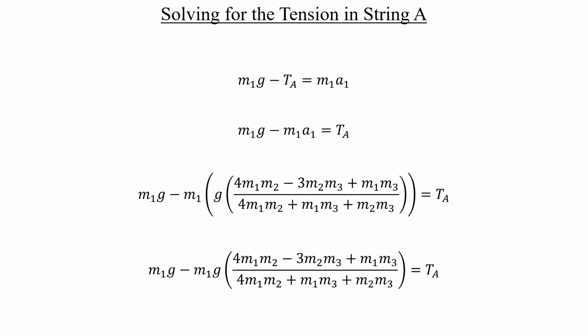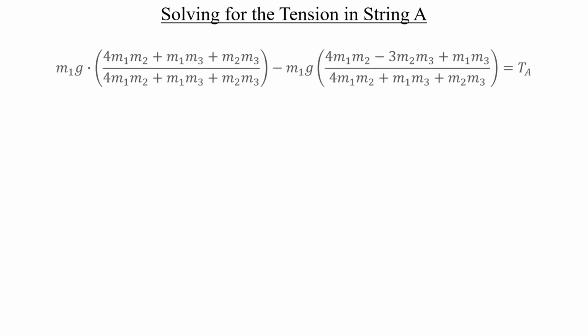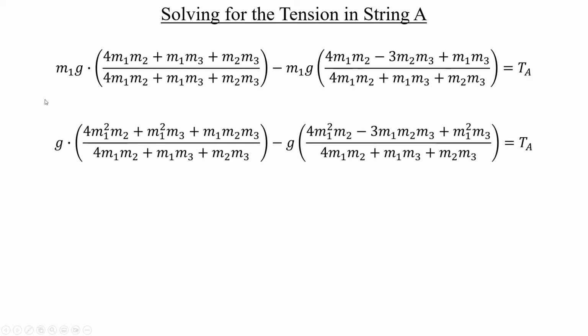Let's get a common denominator for m1g going on by multiplying this term by a special form of 1, which allows us to distribute m1 into both terms like this. It looks a little strange with some squared masses going on, but those will go away in just a moment.